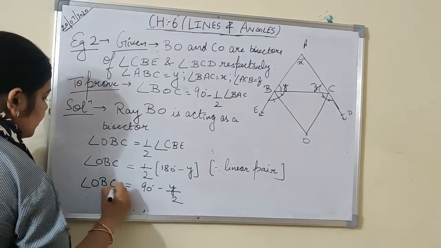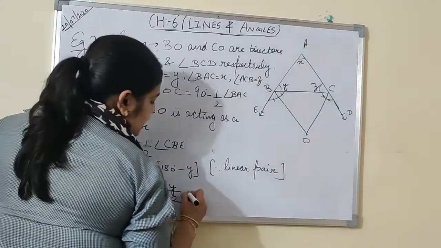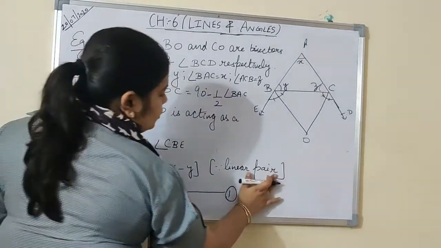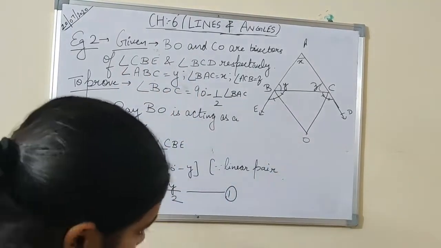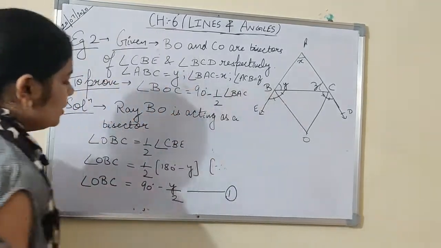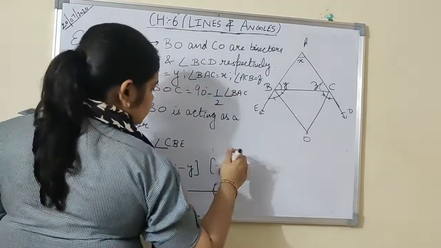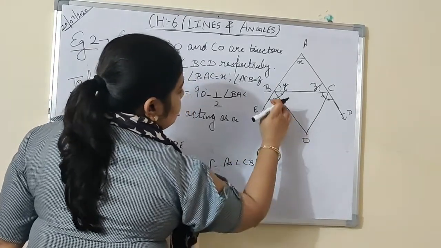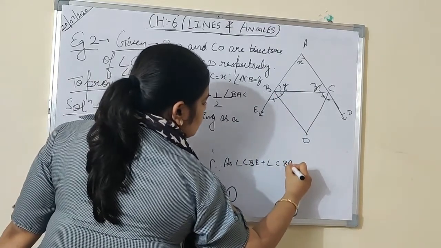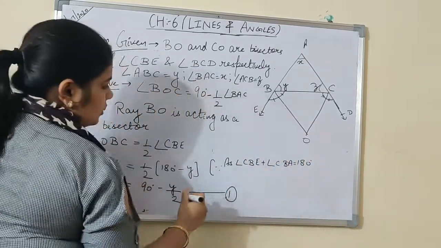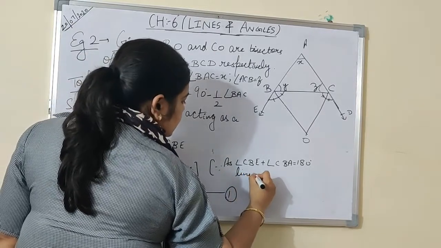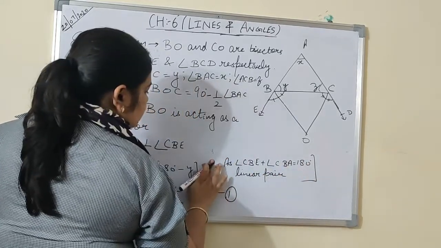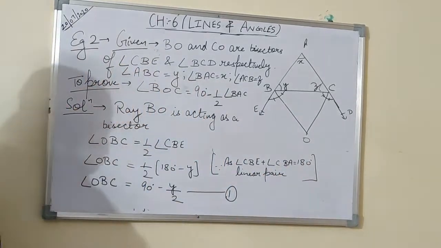So this will be the value of the angle. Name it as equation number 1. If there is any confusion here, you can write the proper reason over here, that as angle CBE plus angle CBA is equal to 180 degree because of linear pair. You can write it like this.